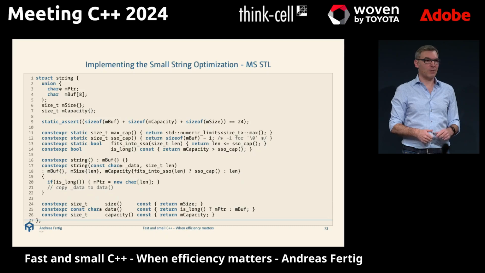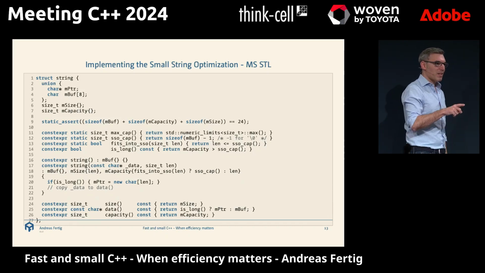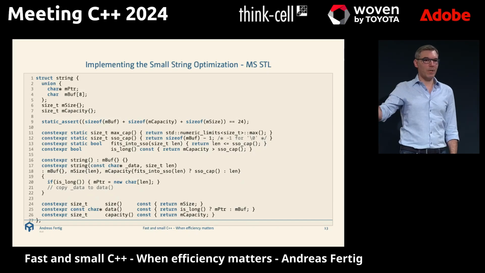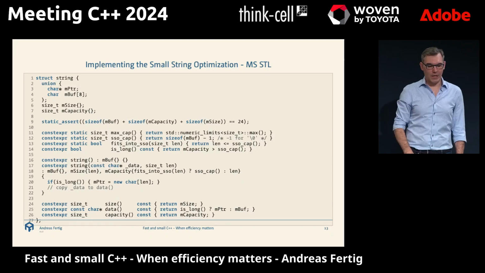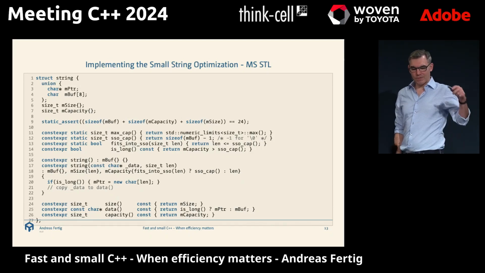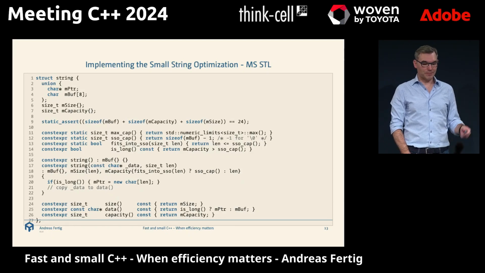isLong now obviously has to do something different. isLong says if the capacity exceeds the small string capacity, we are in long mode. And if not, we are in short string mode. So they are storing that flag in the capacity information. And they do this because if you look down, what they do in size and data is, for size they return size, for capacity they return capacity, but for data they now have the branch there.